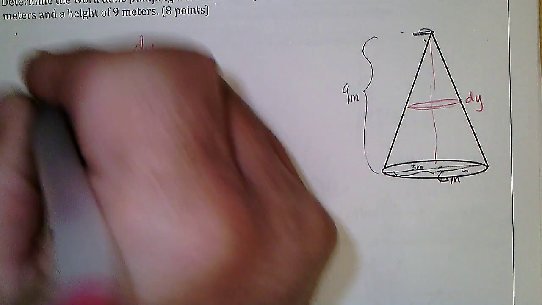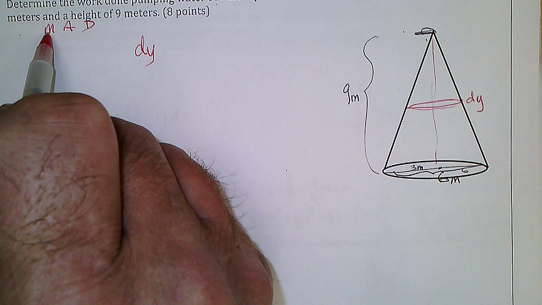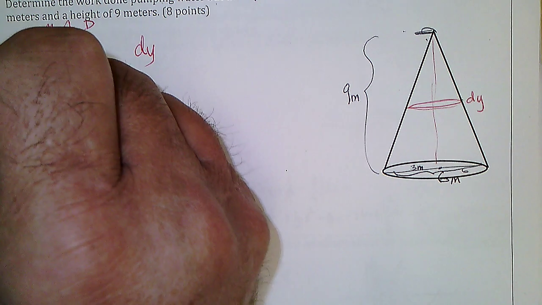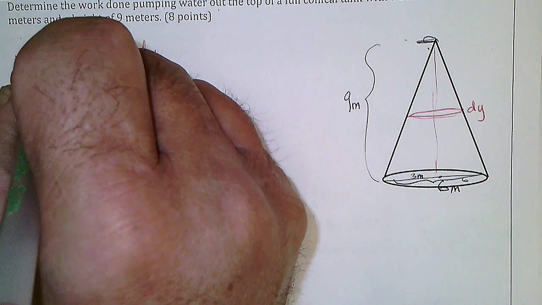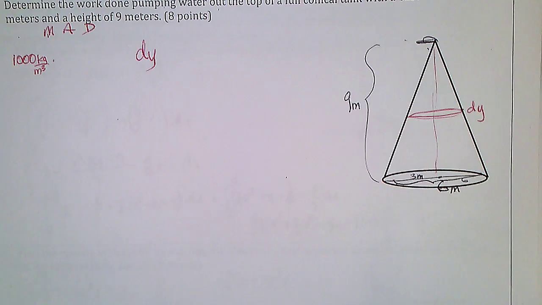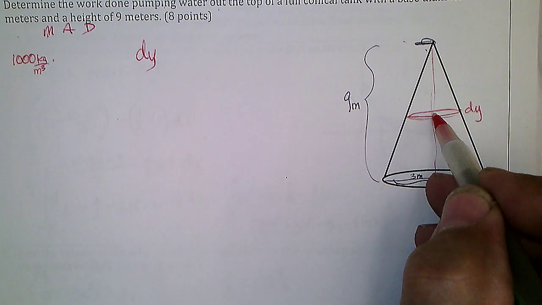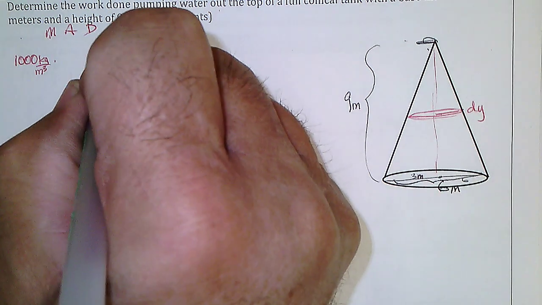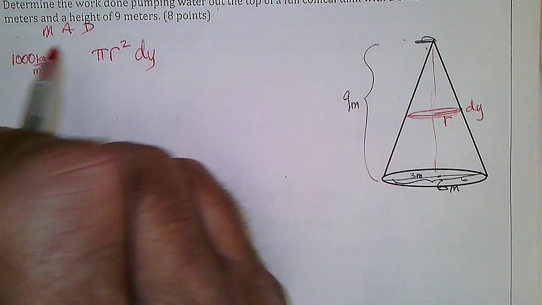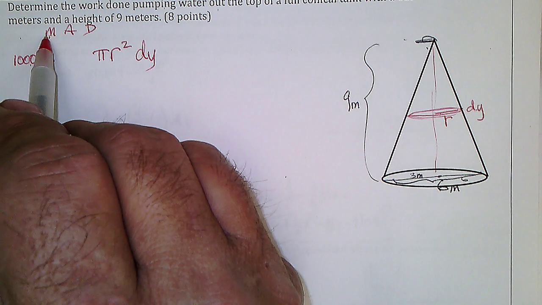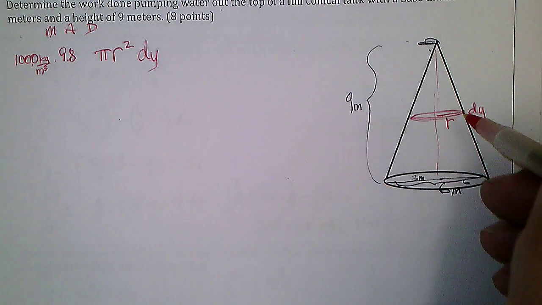and so we have to do mass, which is going to be the density, and this is of water, so that's 1,000 kilograms per meter cubed, times volume, which is going to be dy times pi r squared. So density times volume is the mass times acceleration due to gravity times the distance I'm lifting it.